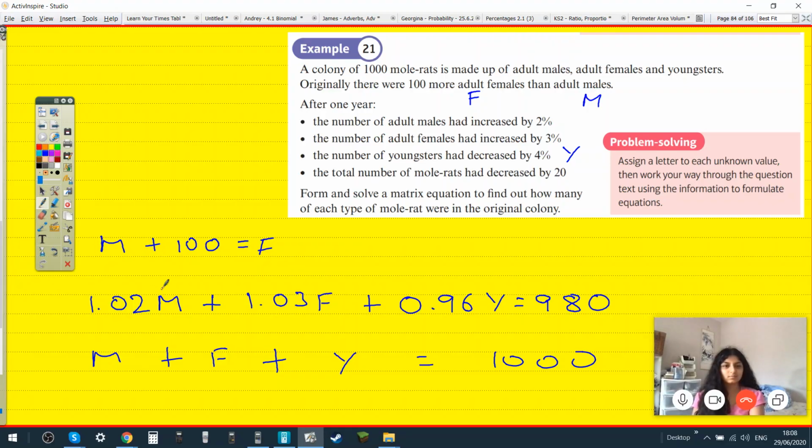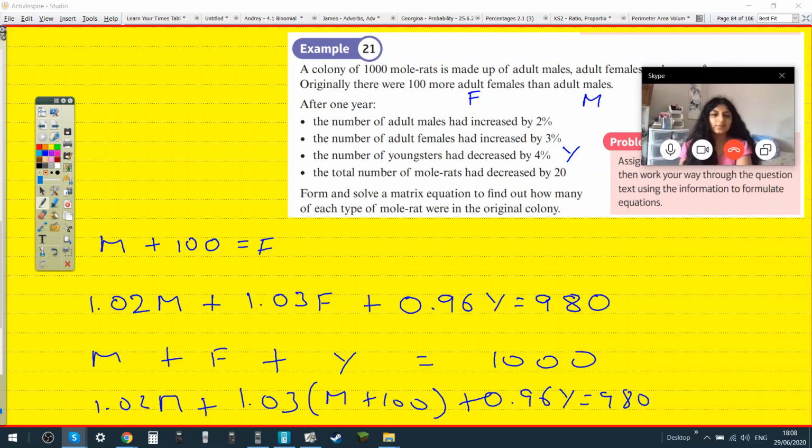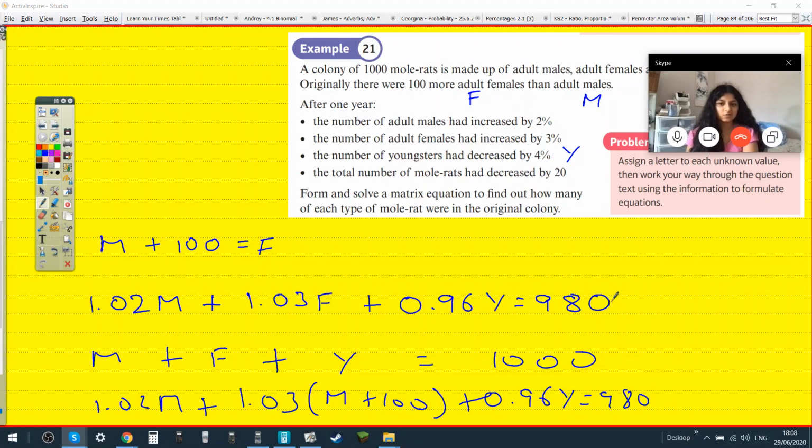So 1.02 m plus 1.03 (m plus 100) plus 0.96 y equals 980. And then we have to solve them with matrices.